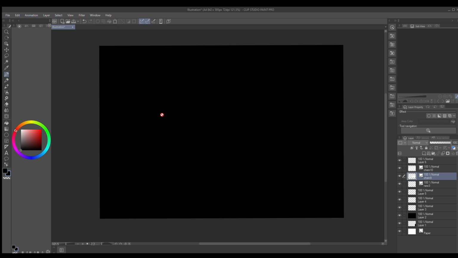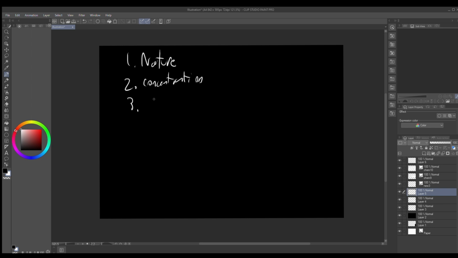And those include, one, we have nature of the chemical. We have concentration of the reactants. We have temperature. We also have presence of a catalyst. And finally, we have surface area.